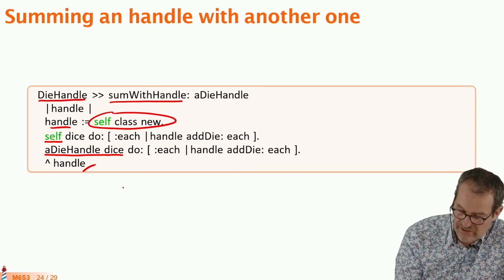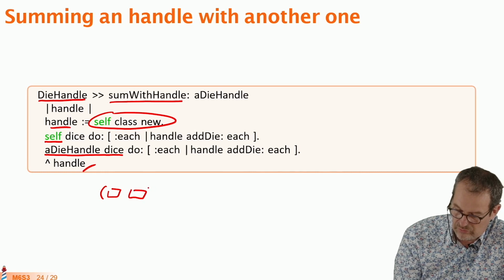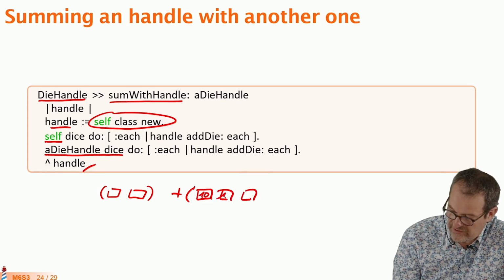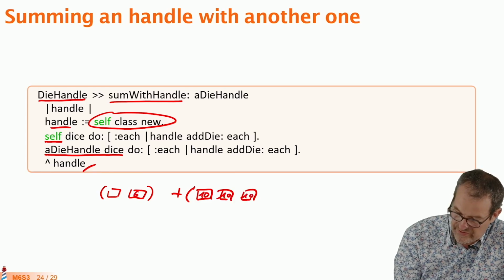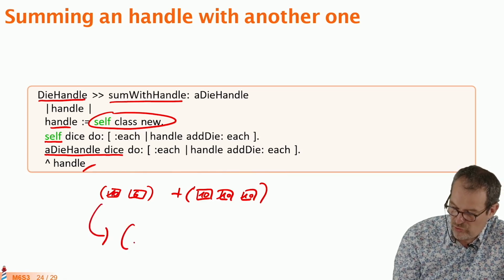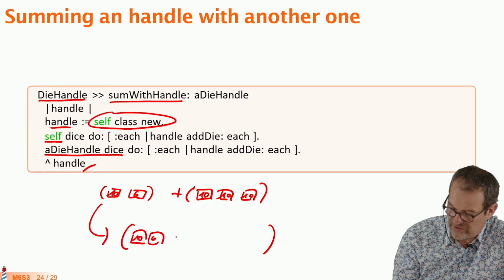So this means that if you have a die handle plus a die handle, let's say this is 10, 10, 10, and here this is 6 and 10, when I do plus, I will return a new DieHandle with 10, 6, 10, 10, 10.